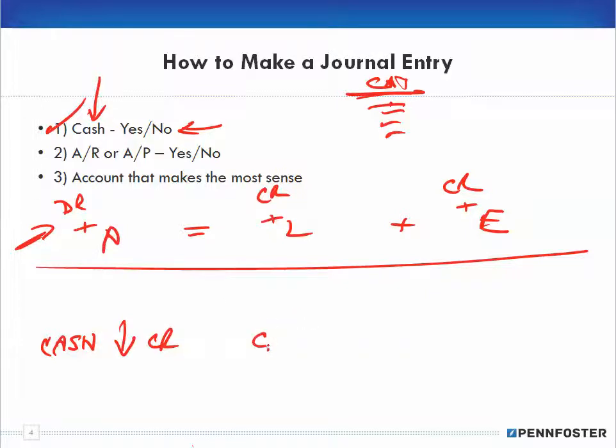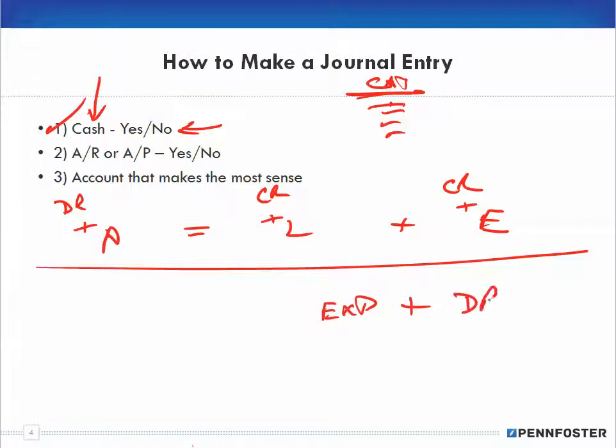Obviously, my cash, like I said, is decreasing, so I know that cash is an asset here, and that means I'm decreasing it, so it's got to be a credit. And we already saw that. But when we look at our expense accounts, the normal balance of an expense account is a debit.